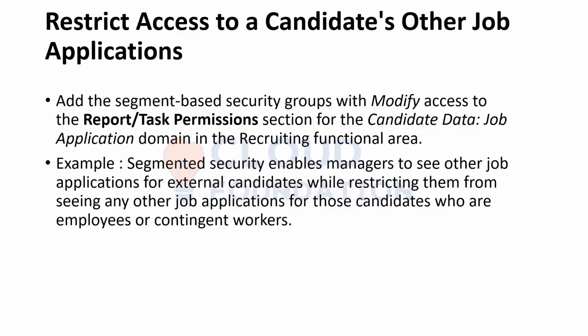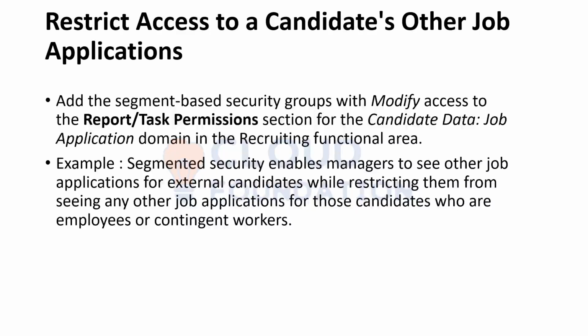Let's suppose the manager can only see the job application of external candidates, means the candidates who are applying externally to the career site or any job portal, external site they are applying, then only those applications the manager can see.